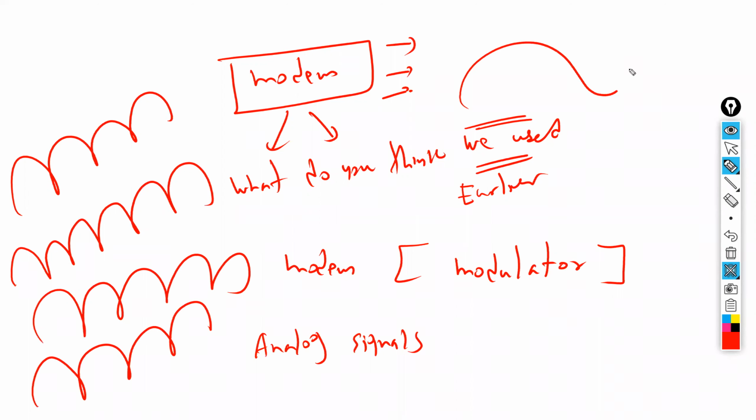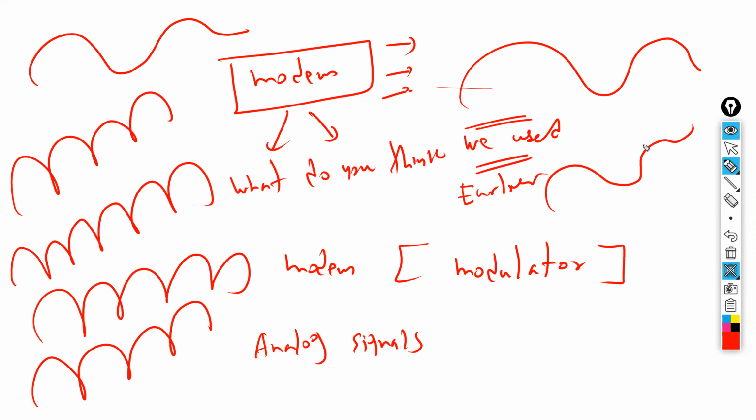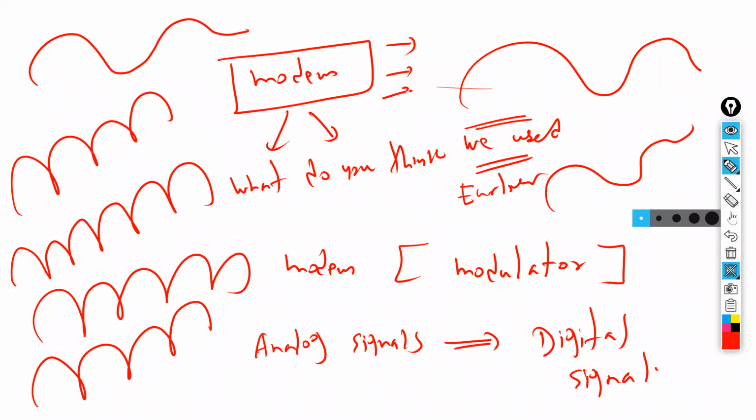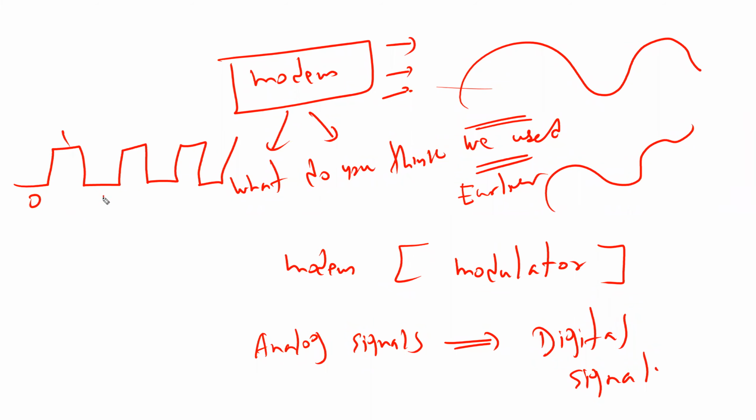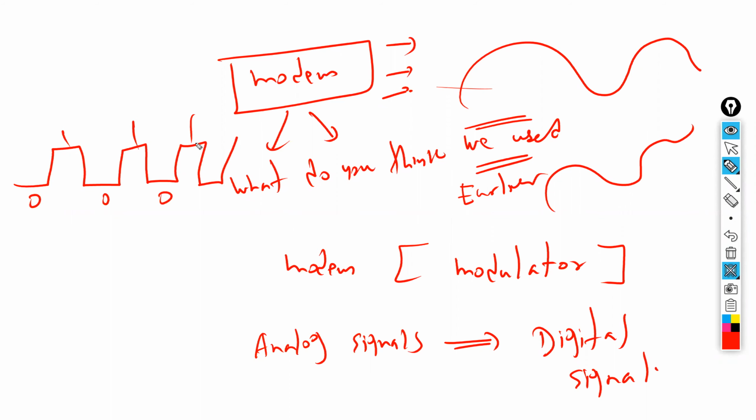Analog signal is like this. My analog signal will be converted to a digital signal, which can be understood by the computer. Digital signal is like this: 0, 1, 0, 1. Got it? Because this can be understood by the computer, and analog signals can't be understood by the computer.